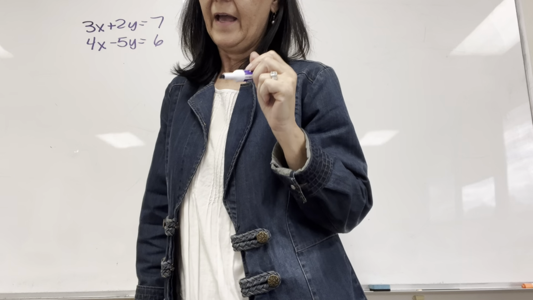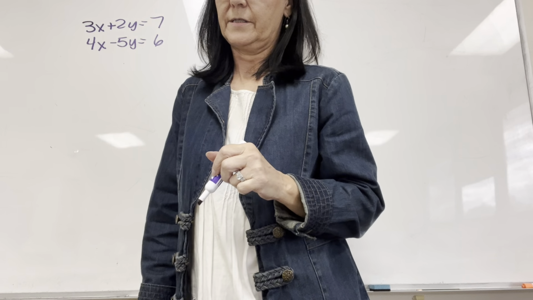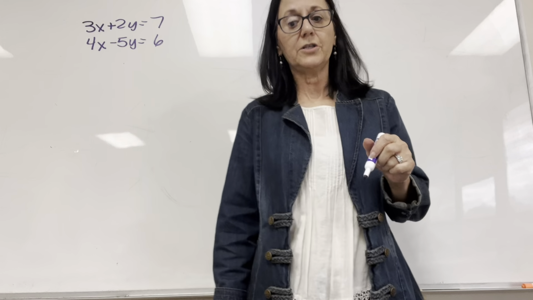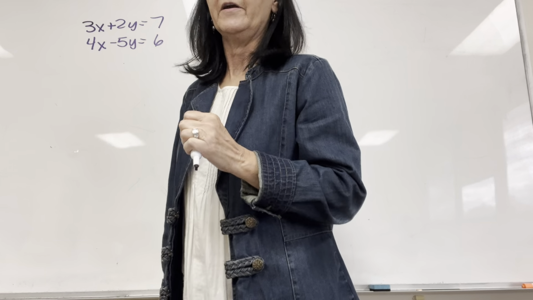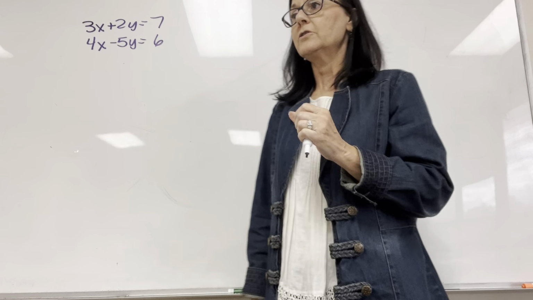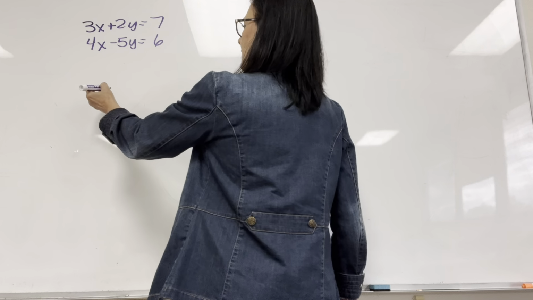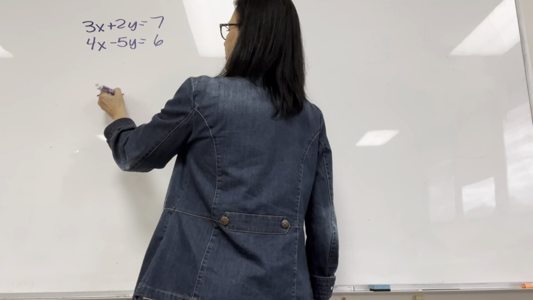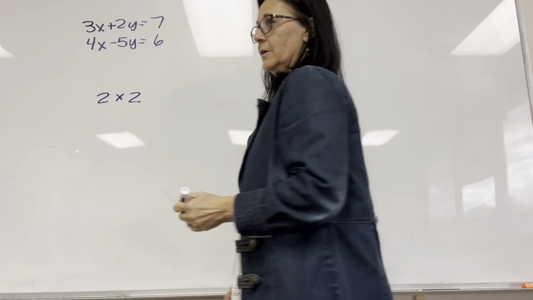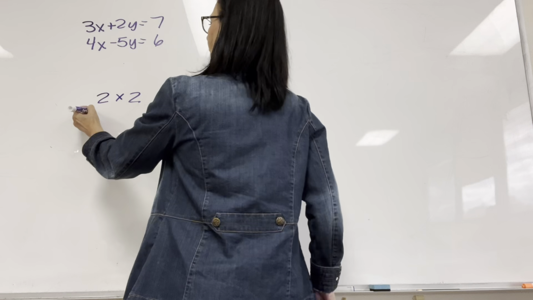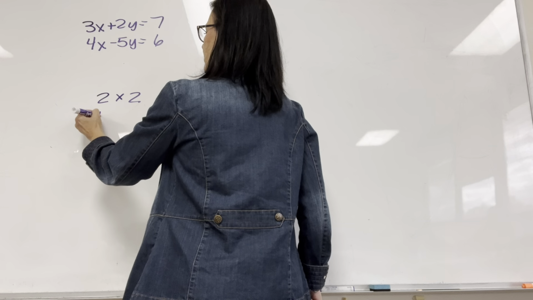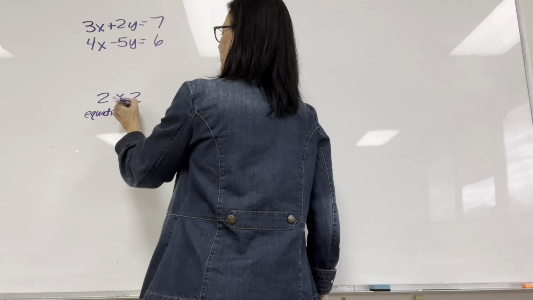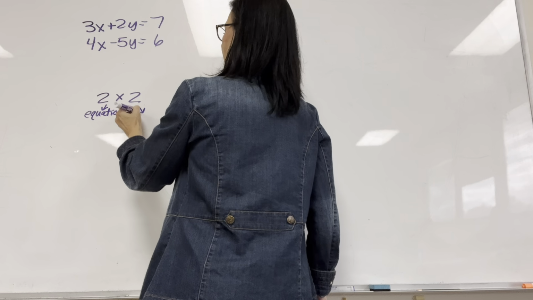I have how many equations in this one? 2 equations. How many variables? 2 variables. So if I were looking at a matrix, it would be a 2 by 2. 2 equations, 2 variables.